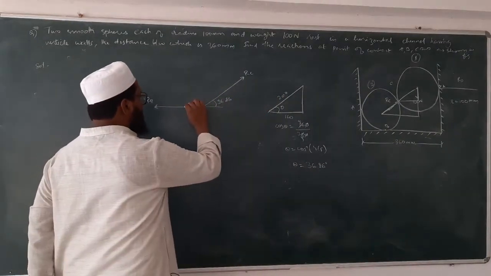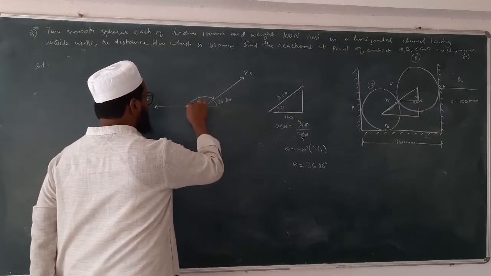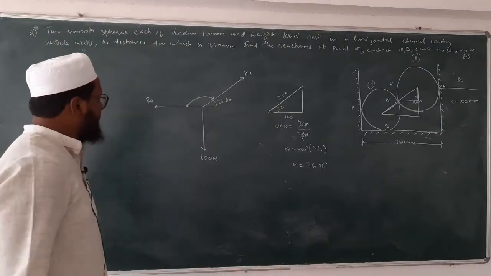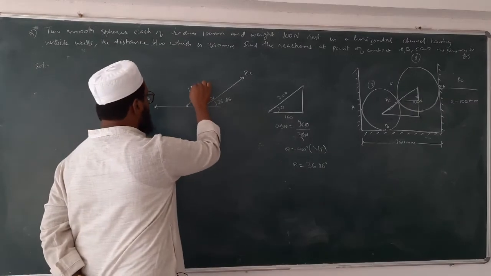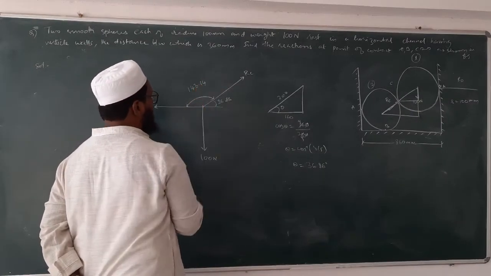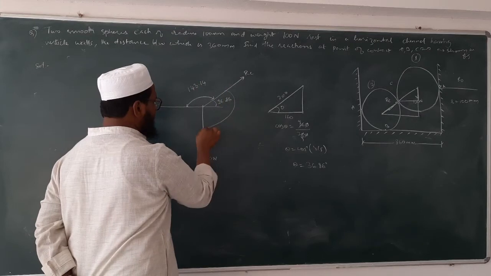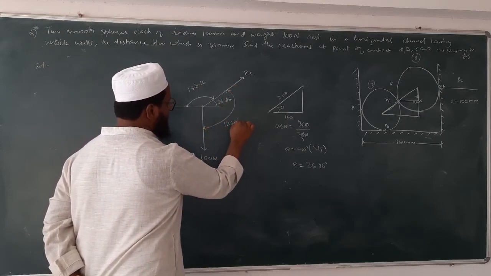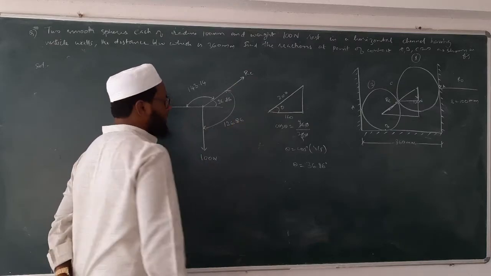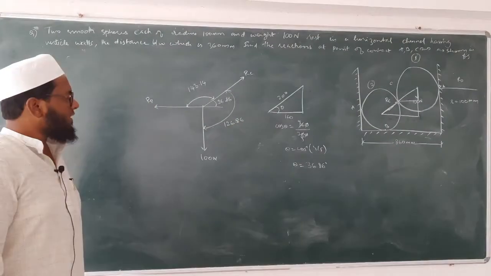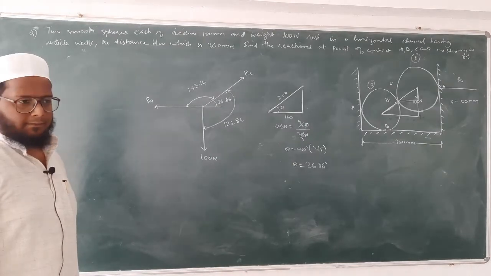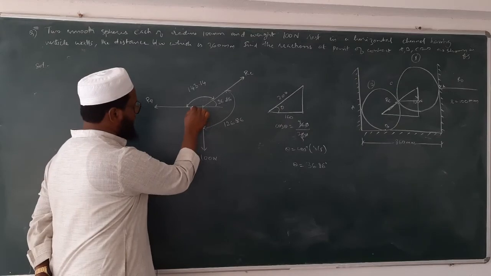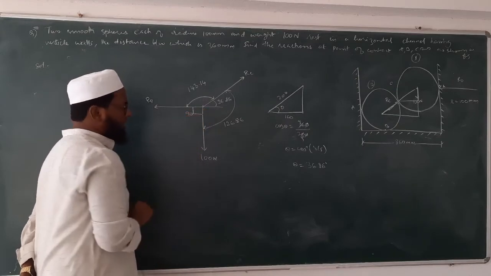So what about this inclination? 36.86. 143.14. What about this angle? 126.86. Yes, 90 plus 36.86. And this is 90 degrees.